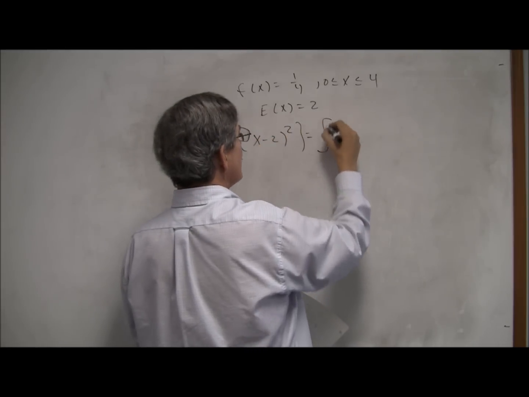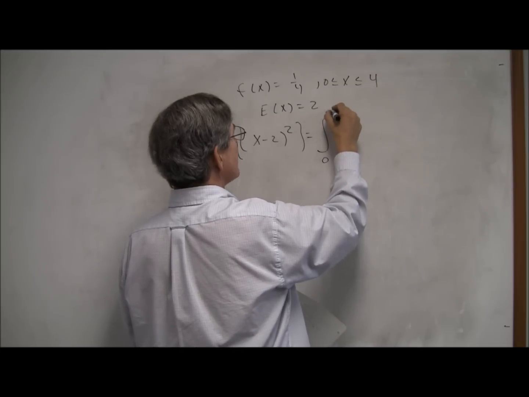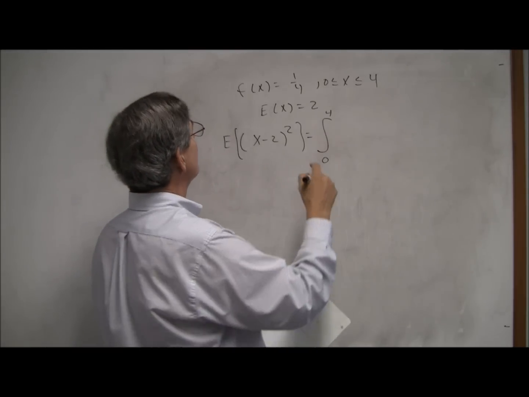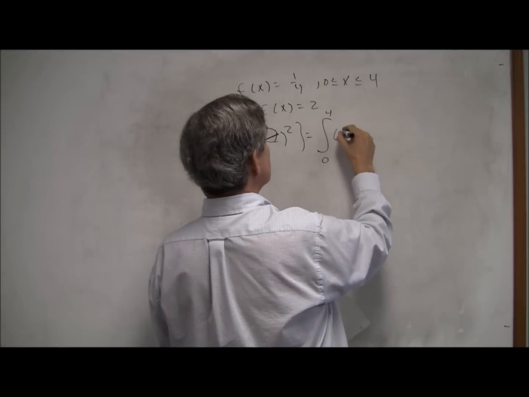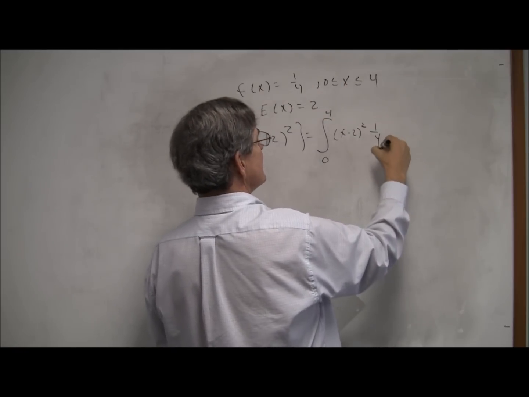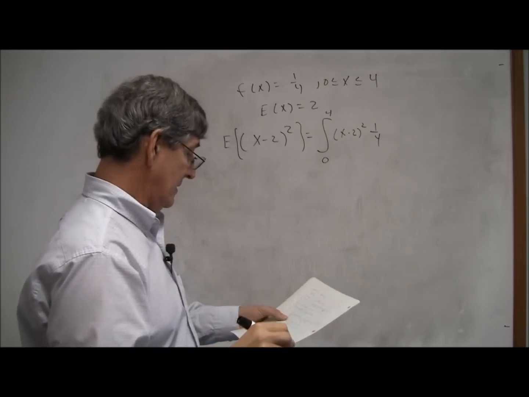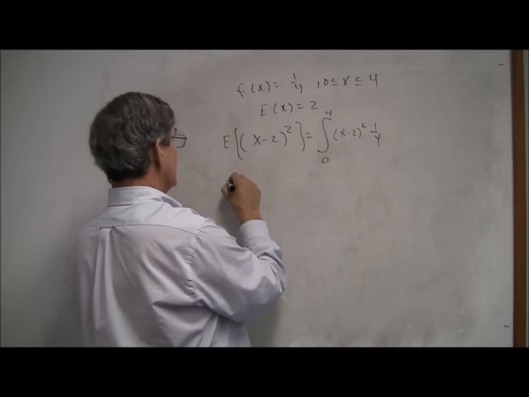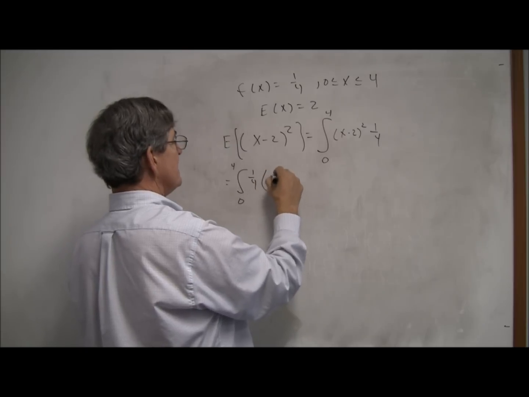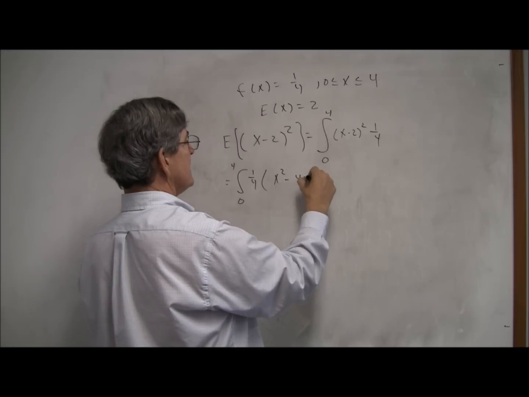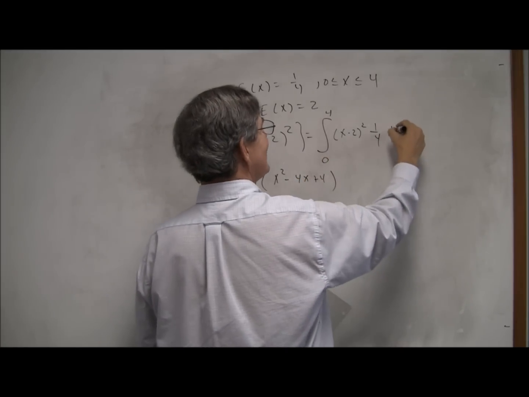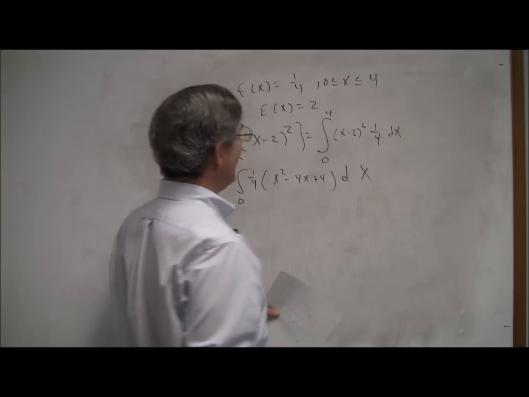That's the integral over the range of x, 0 to 4, of x minus 2 squared times f of x, which in this case is really simple. So that's the integral from 0 to 4 of 1/4 times x squared minus 4x plus 4, dx. I forgot my dx again.